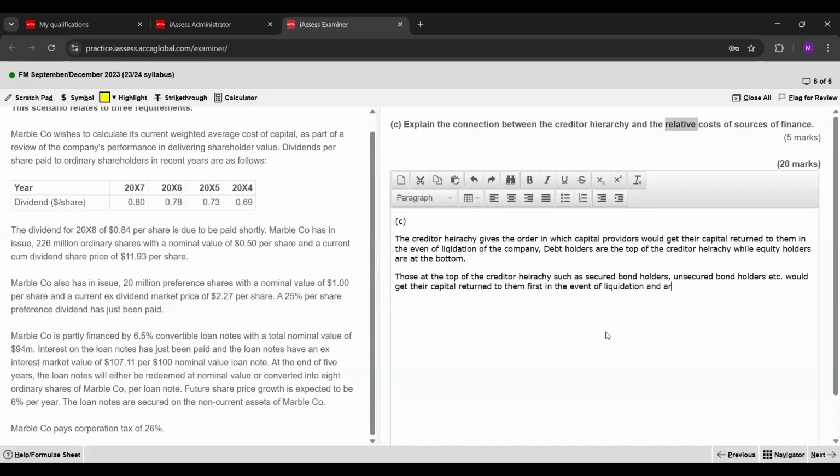and are therefore more likely to recover 100% of their capital. And therefore, they face a lower risk.